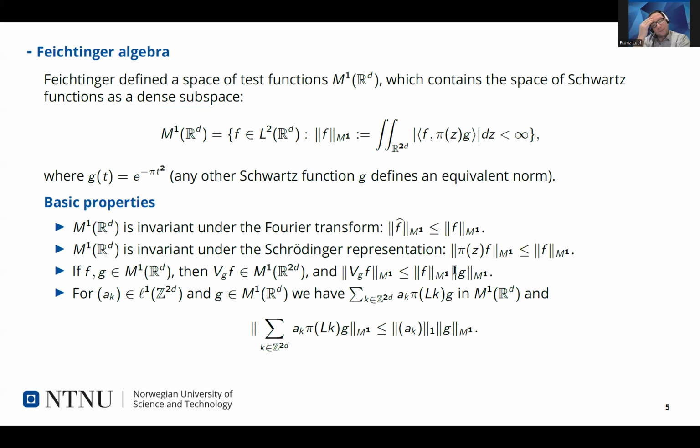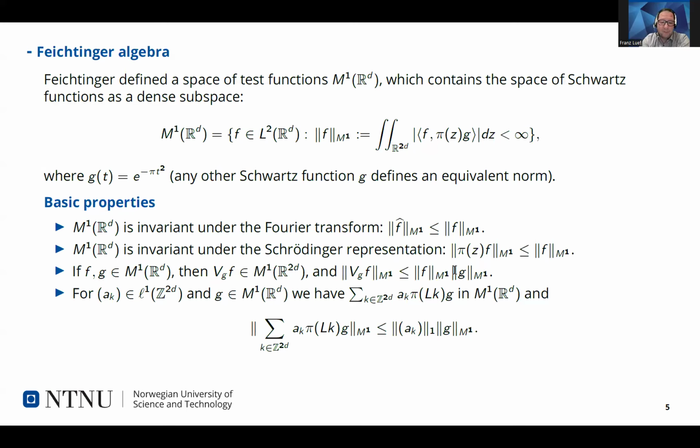Good. So here I'm going to deviate from Rieffel's construction. In order to construct these Heisenberg modules, one uses a nice class of functions, which is invariant under this representation and has some other nice properties.